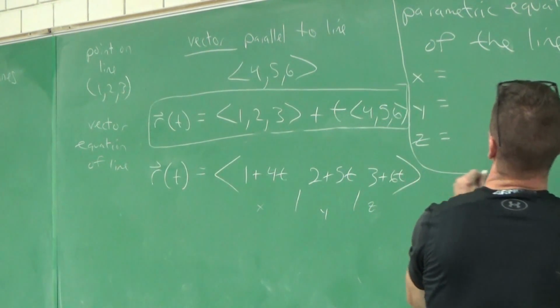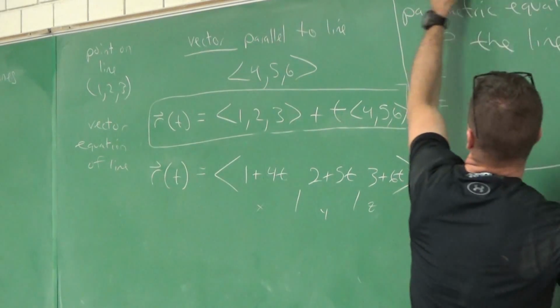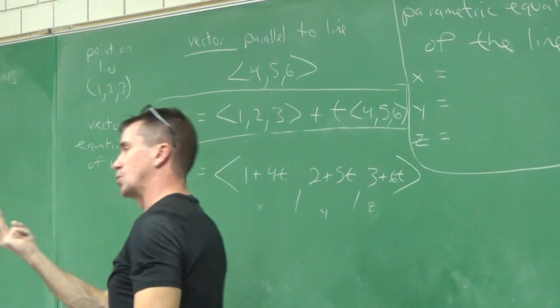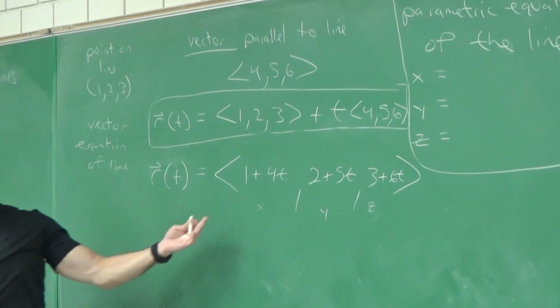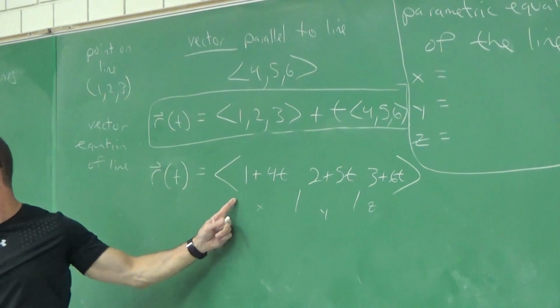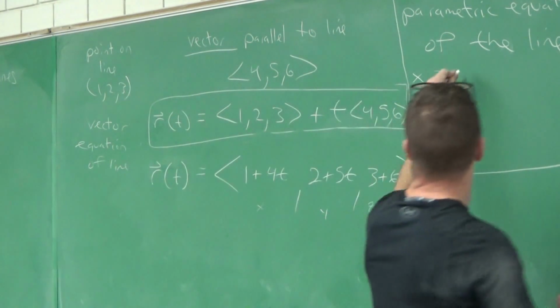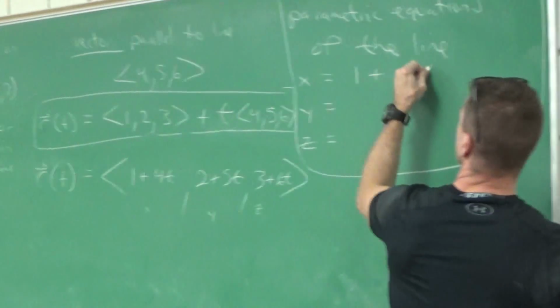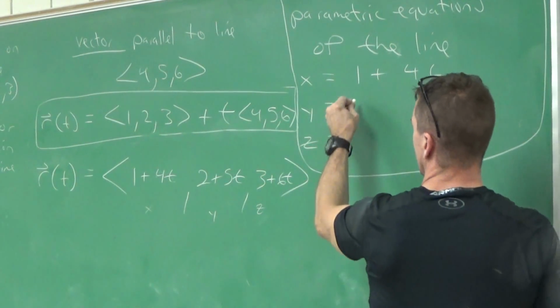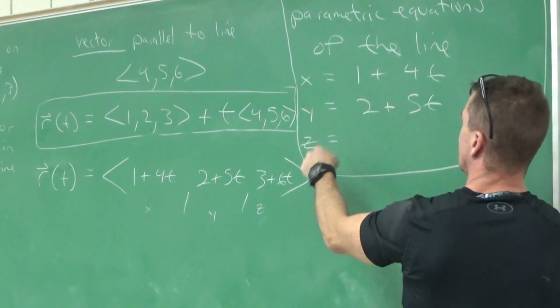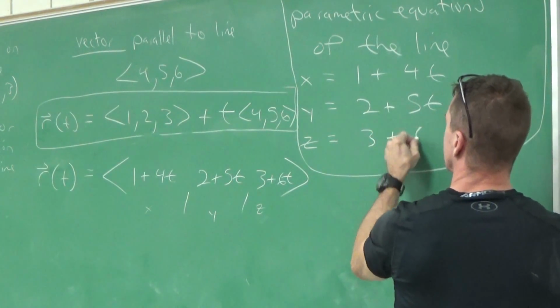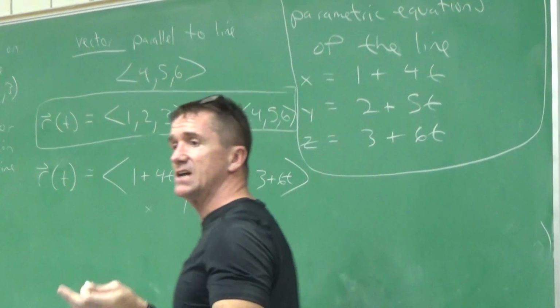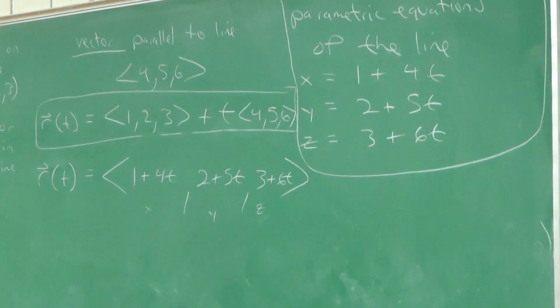A lot of times in our course, you may just want to write the three parametric equations of the line. Well then, what is x equal to? x is equal to 1 plus 4t, y is 2 plus 5t, z is 3 plus 6t. If you're just asked to describe the line, of course you can write it as a vector.